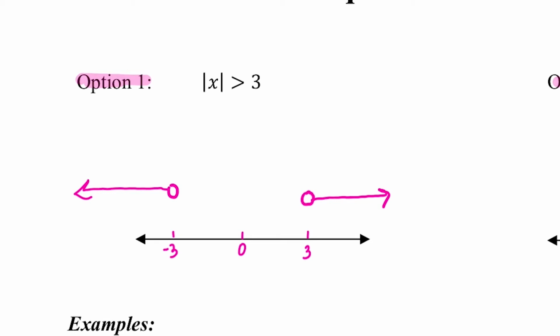So in other words, the answer to this question would be that x is less than negative 3 or x is greater than 3. So again, distance from 0 is greater than 3, so it's farther away than 3. So we go to 3 in the positive direction and it's farther than that, or we go to 3 in the negative direction and it's farther than that.